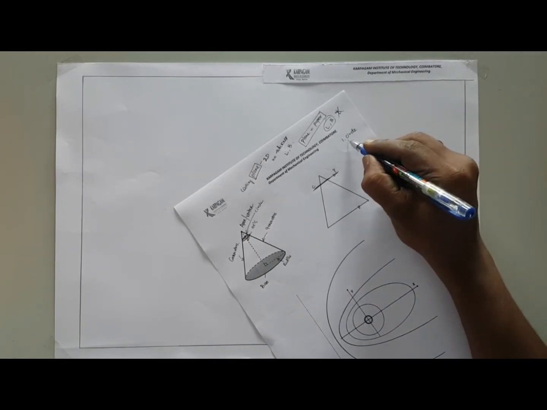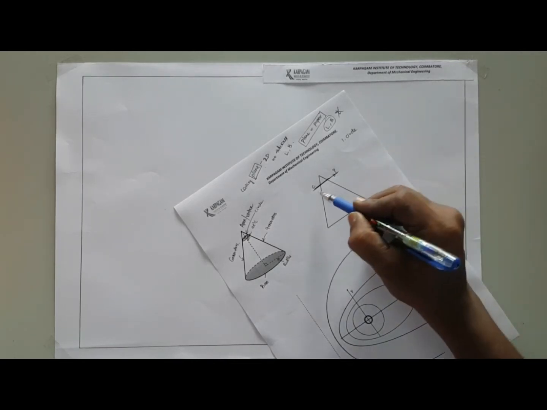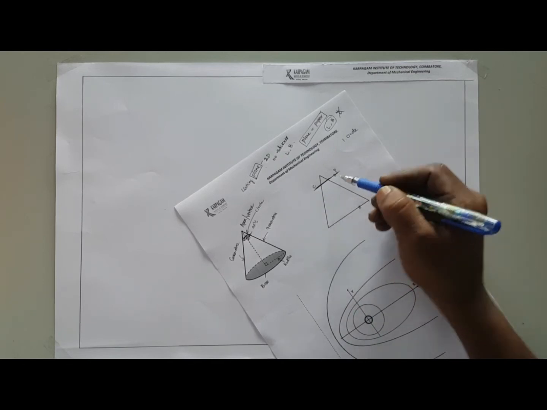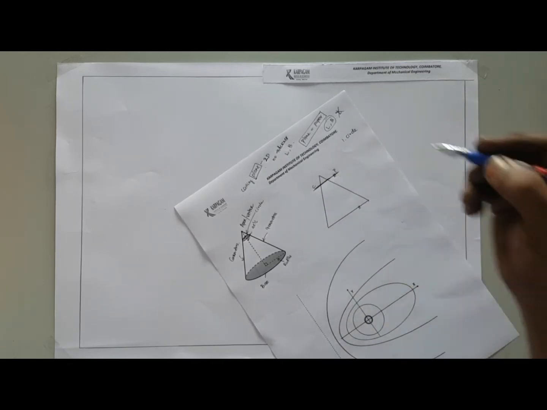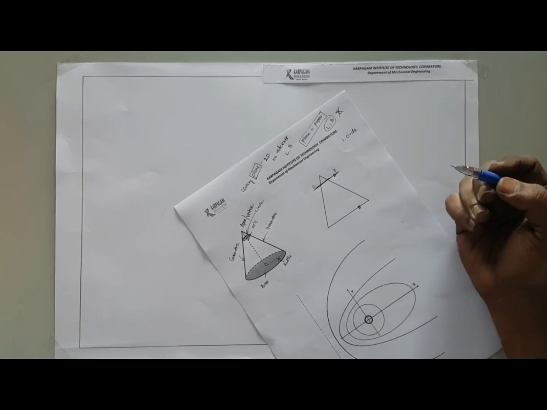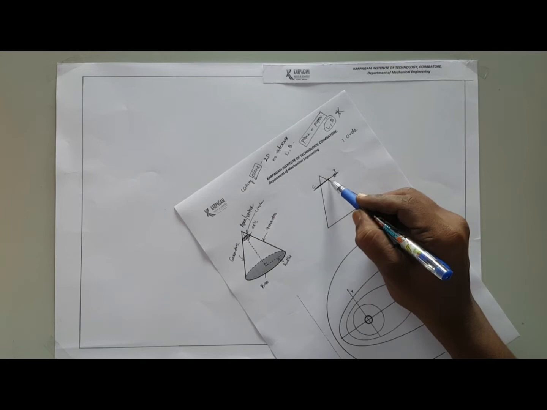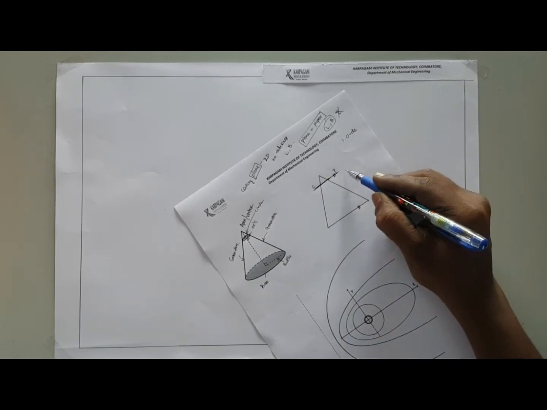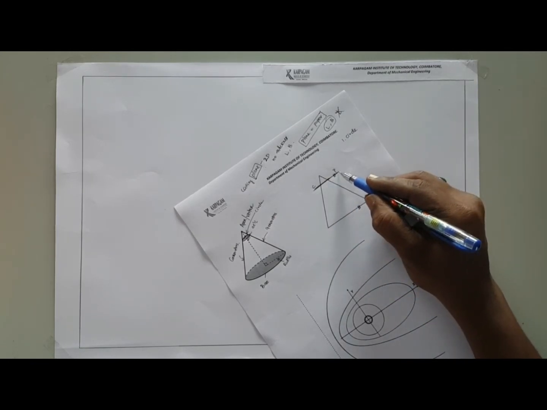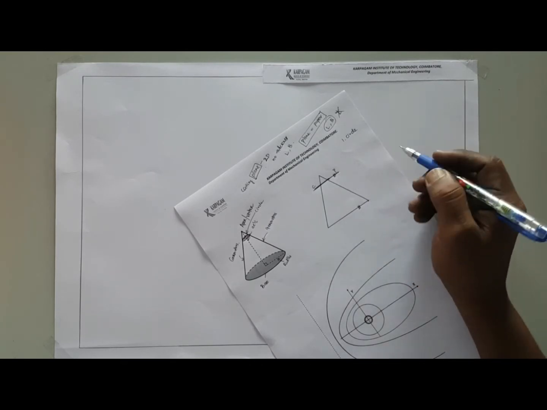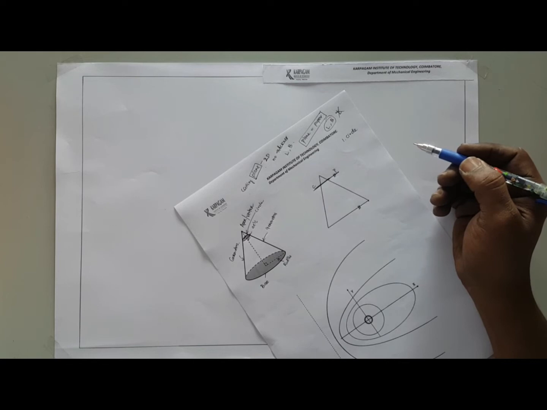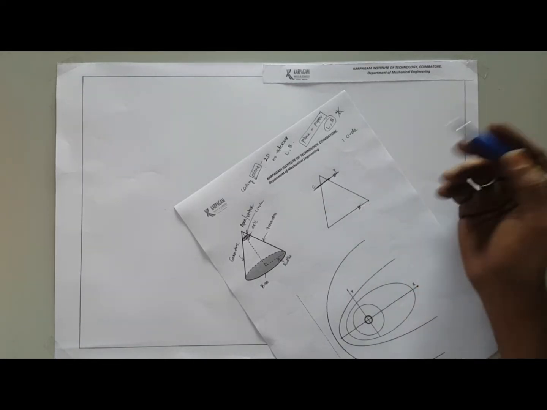The condition for getting the circle is the cutting plane is parallel to the base of the cone, as well as it cuts all the generators in a cone, and the angle of inclination between the cutting plane and the base is equal to 0 because the two are parallel.